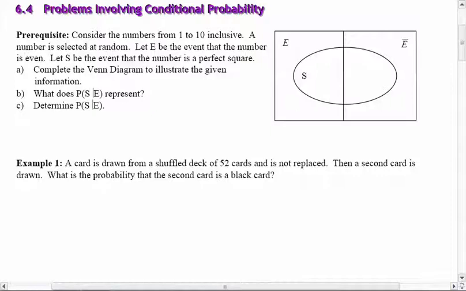So we're going to start with a simple example. If you have the numbers from 1 to 10, and we take a number at random, we're just going to make a diagram here where E represents all the even numbers, S is all the square numbers, and E complement, which can also be written as this, is the ones that are not even.